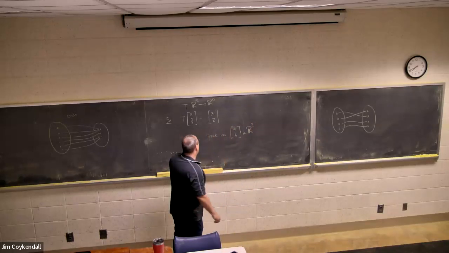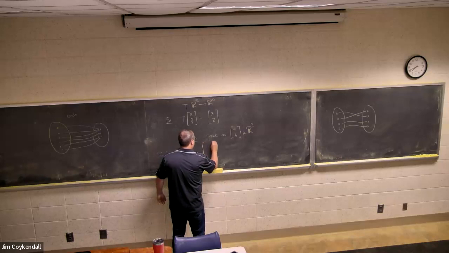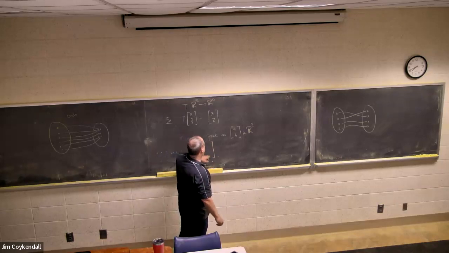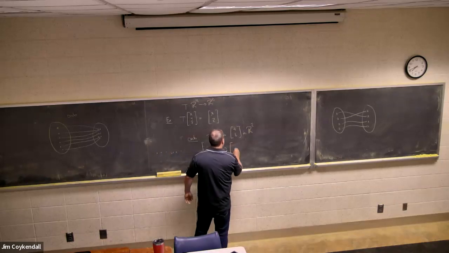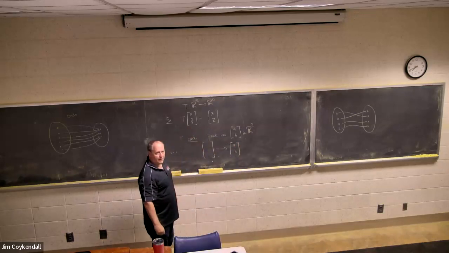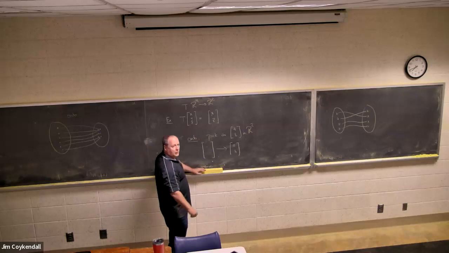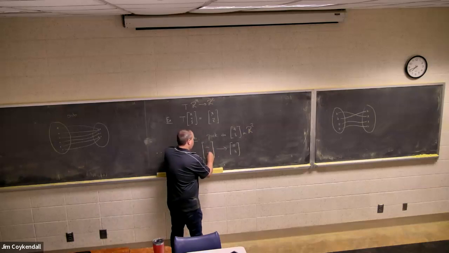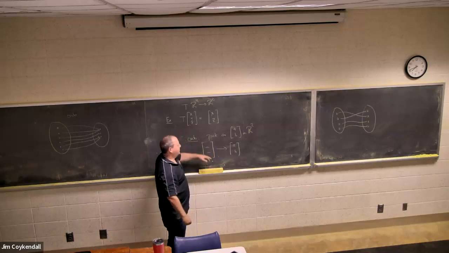Can anybody tell me how I build something that goes to (a, b) using this rule? I've got to make a three-dimensional vector. Yeah, (a, b, c), then.